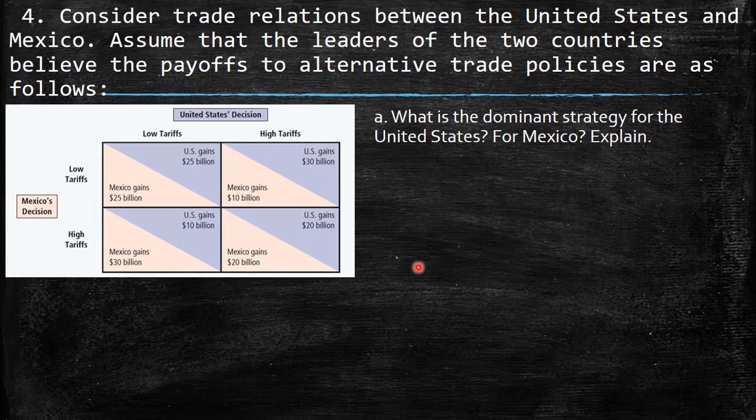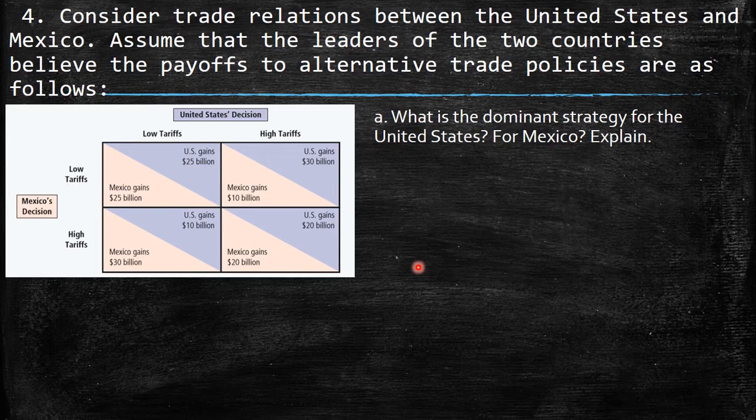So we need to find this dominant strategy. When both players have one and we cross these two dominant strategies, we arrive at a Nash equilibrium. This is sure. But take into account that sometimes we have just one dominant strategy and still arrive at a Nash equilibrium. We will see this in the next exercise.